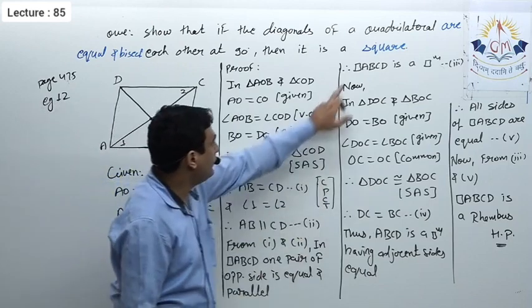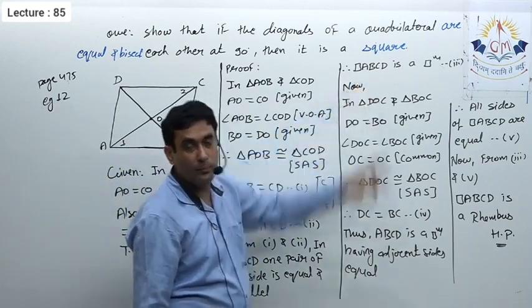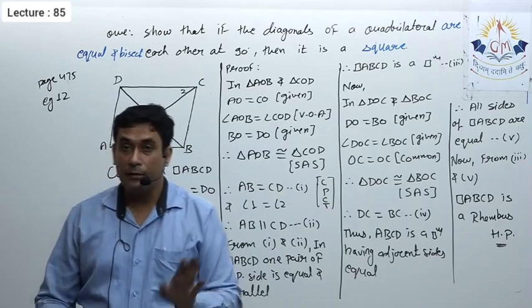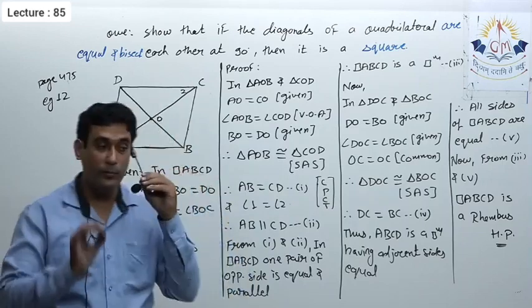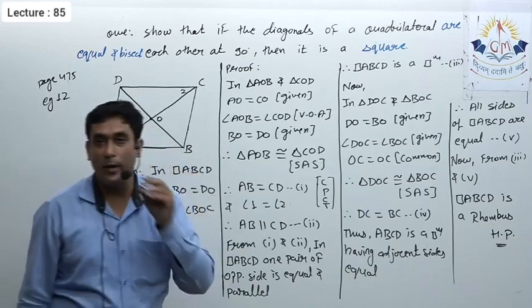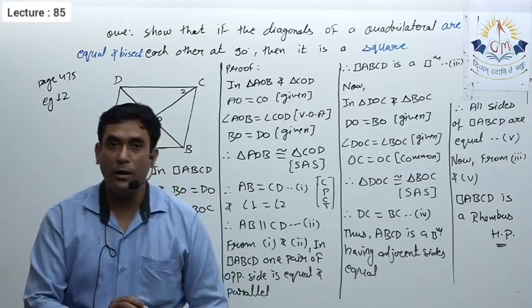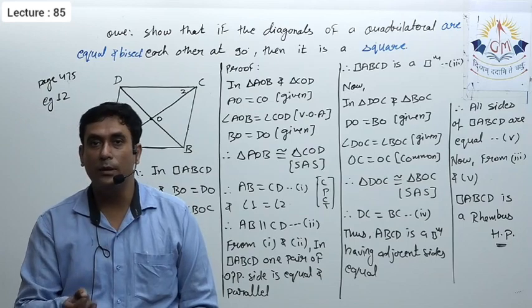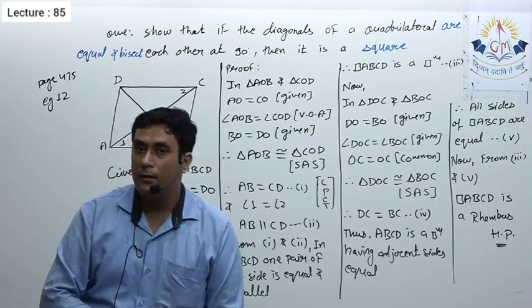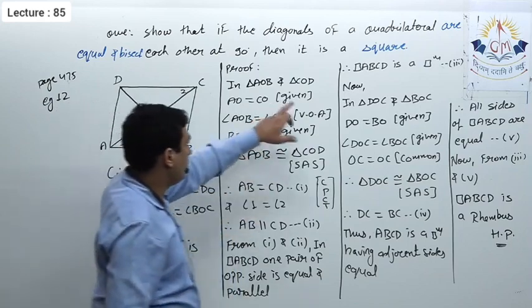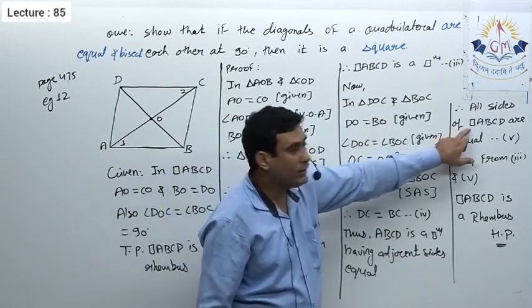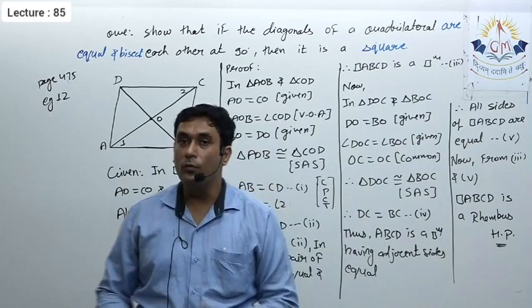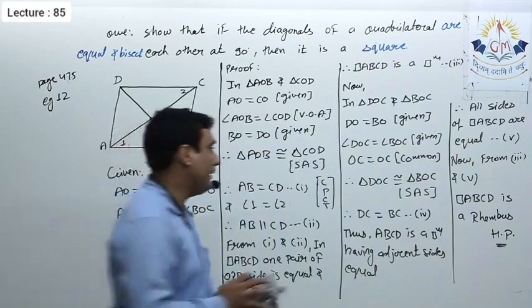Then next we have to prove all its sides are equal. If you remember the definition of a square, it says a parallelogram having all sides equal and one angle 90 degrees is a square. So first we prove it's a parallelogram, then we prove all its sides are equal. Now we will prove one of its angles is 90 degrees.